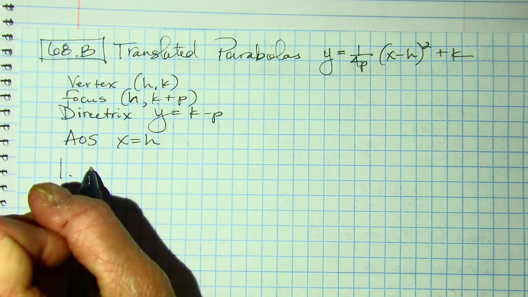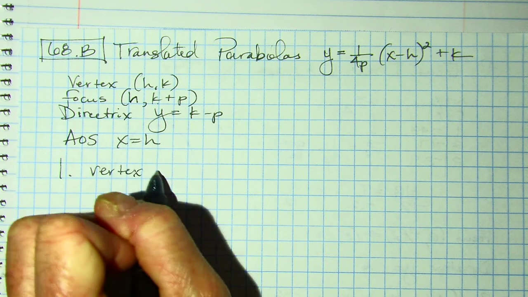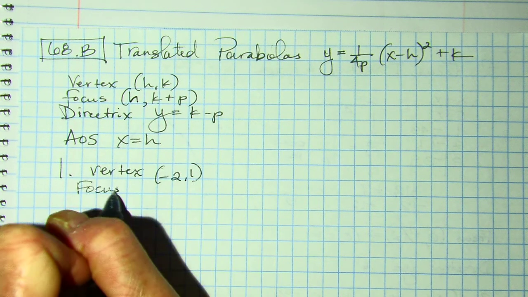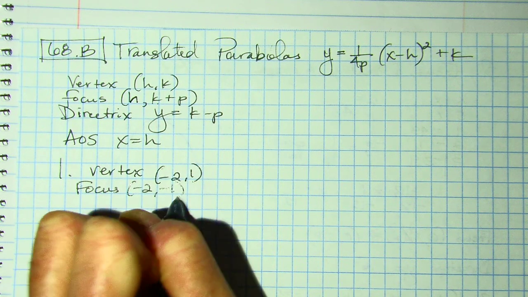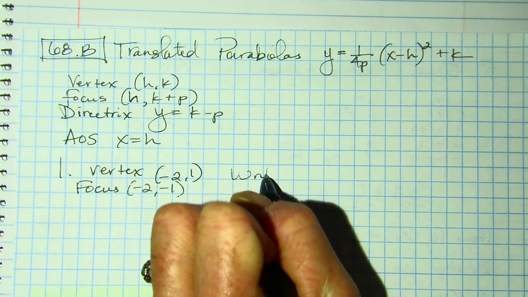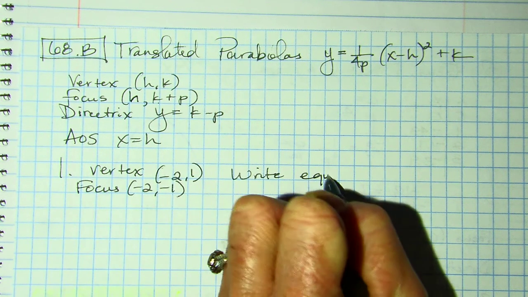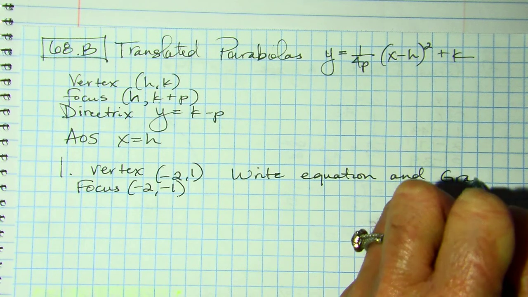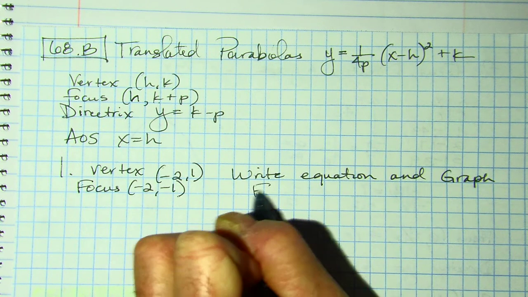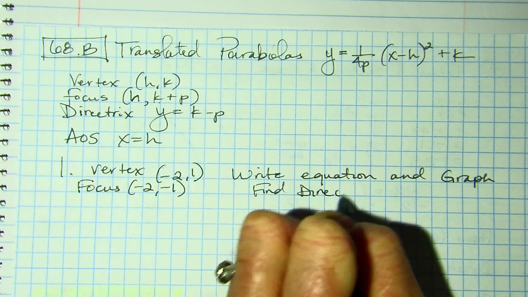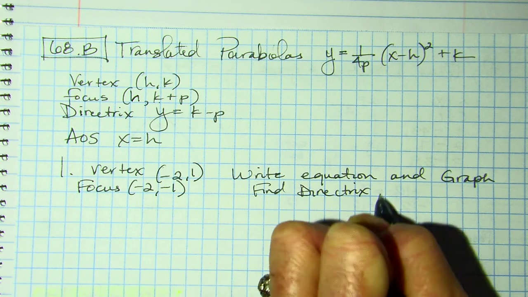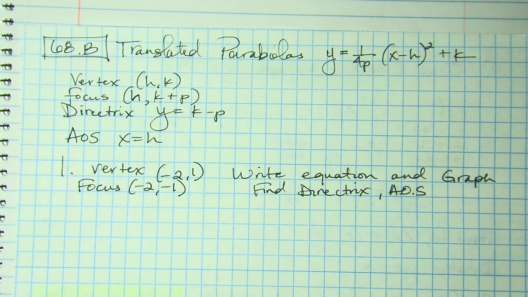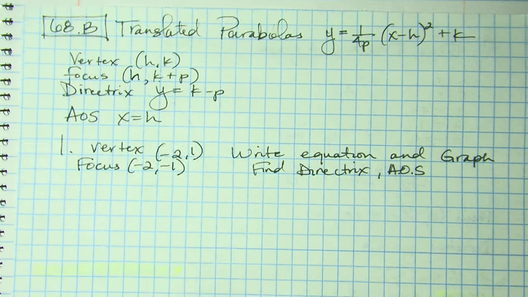If my vertex is at negative 2, 1, and my focus is at negative 2, negative 1, write the equation and graph, find your directrix and axis of symmetry. So that is all that they'd like us to do.